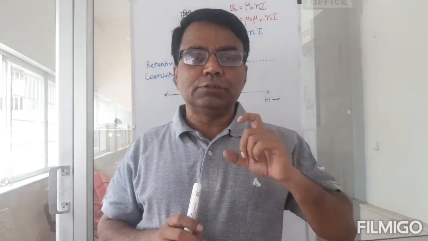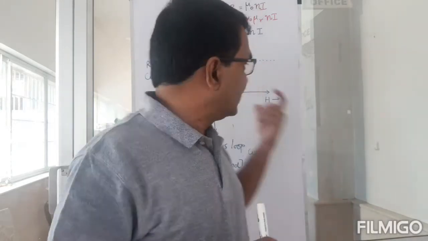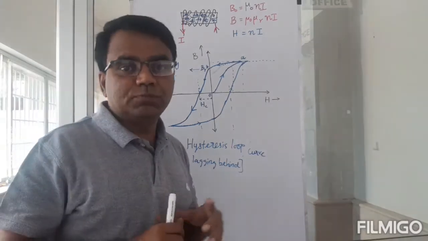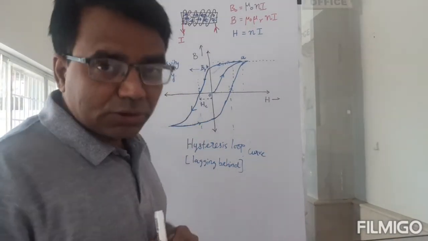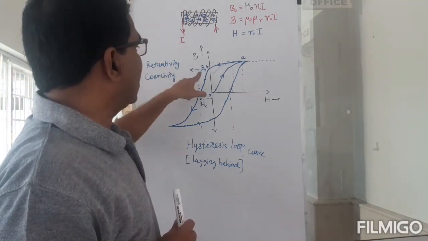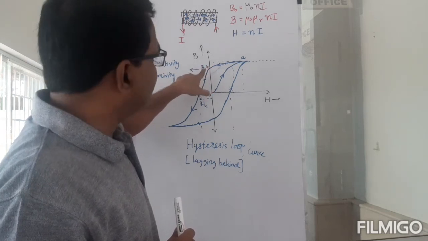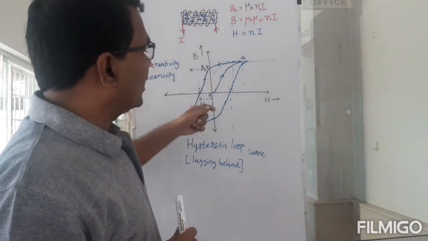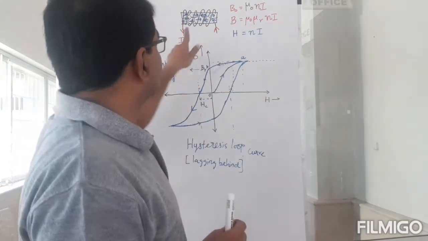There are two terms that you should know when we talk about the hysteresis loop or curve. One is retentivity and the other one is coercivity. Retentivity is the value of the magnetic field strength B when you have stopped magnetizing it, like you have stopped the current.